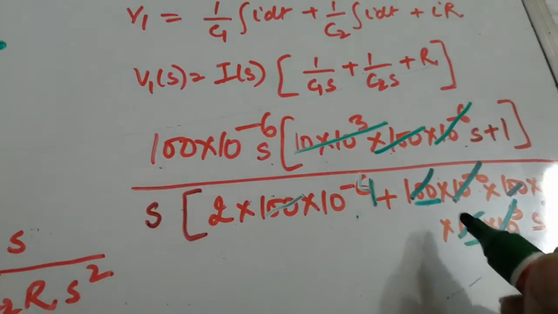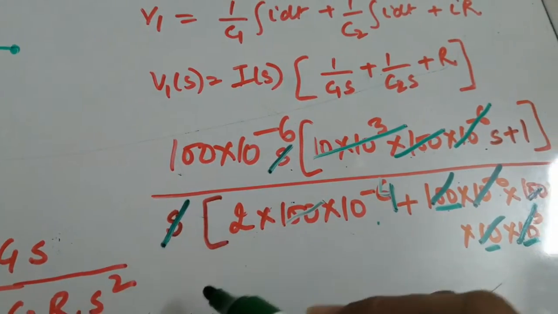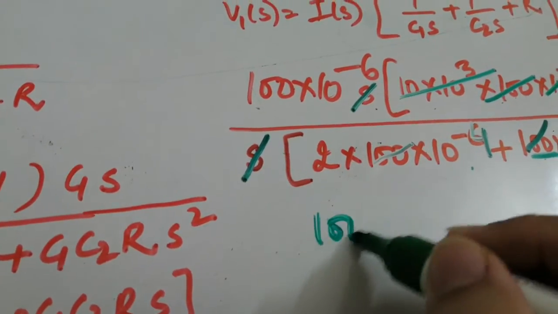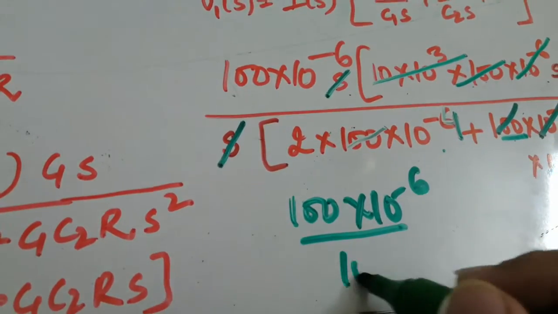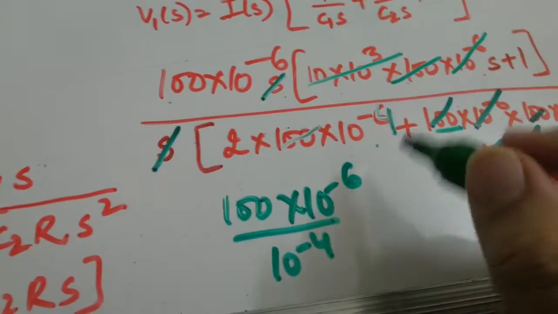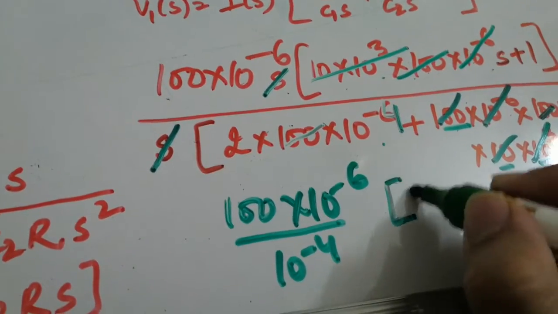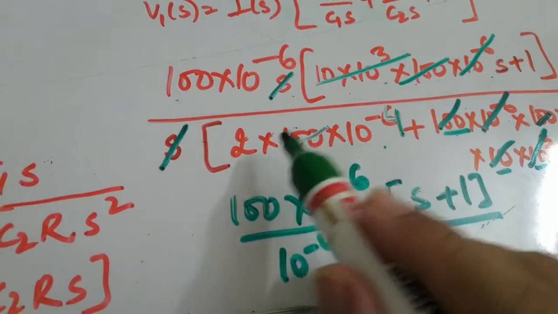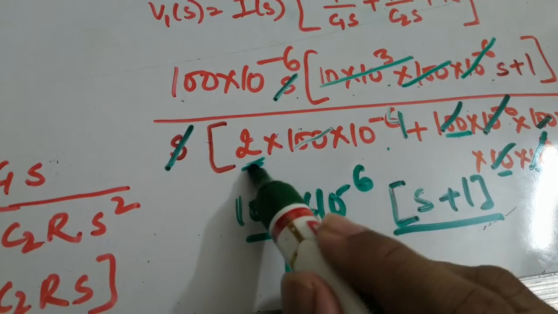So now I am going to take this out. Moreover, this S gets cancelled with this S. So now I am left with this 100 into 10 raised to power minus 6 divided by this 10 raised to power minus 4, which I am taking out. So here I am only left with S plus 1 in the numerator, divided by, as you can see, this 10 raised to power minus 4 is out, so I am left with only this 2.